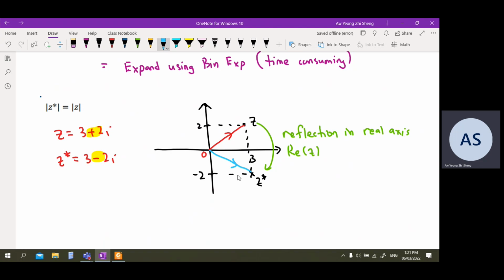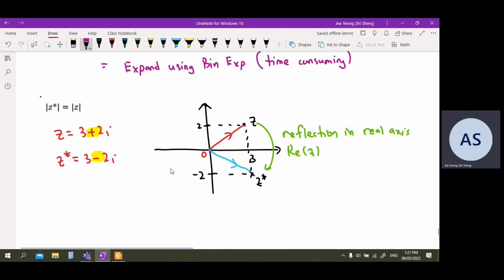Since the red and blue vectors are reflections of one another, of course the length would be the same. And because it's just a mirror image, the length of the reflection is of course the same as the original object. So yeah, this explains why modulus of z star must be the same as modulus of z.